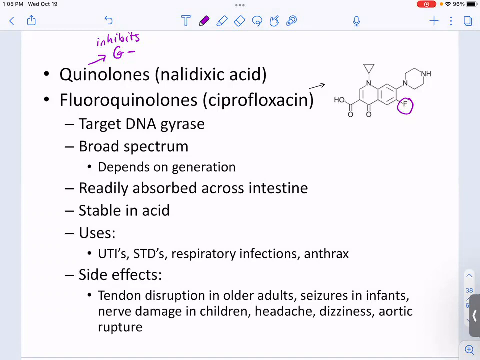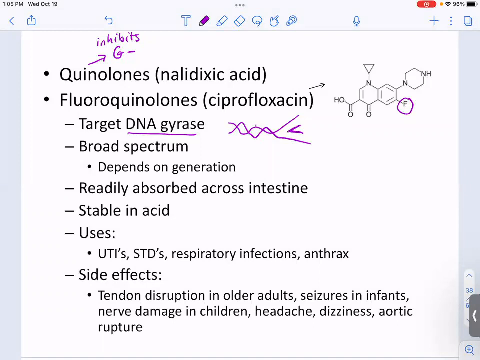Some of the later generation quinolones were a little bit more broad spectrum, but that first one, again, only worked on gram negatives. Both the quinolones and the fluoroquinolones target DNA gyrase. So remember, back when we talked about replication, if I can draw, this is supposed to be a replication fork right here.